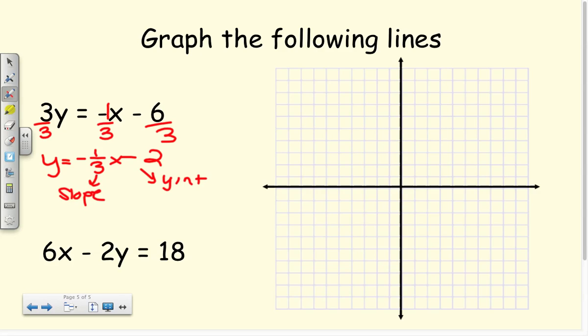So I'm going to graph negative 2. And then I got a negative 1/3. That means I'm going to go down 1 over 3. Down 1, over 1, 2, 3. Or up 1 to the left 3. And there is my beautiful line that has arrows on both sides to make sure that it is not a segment.